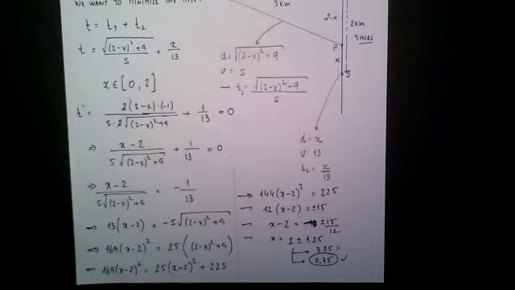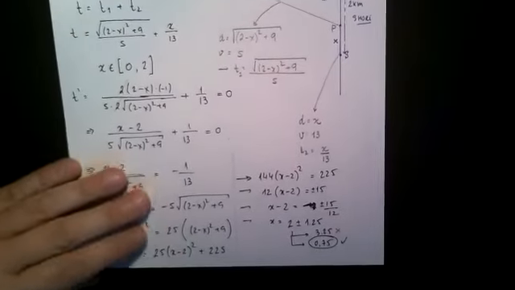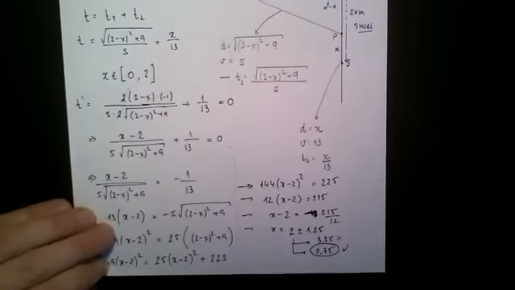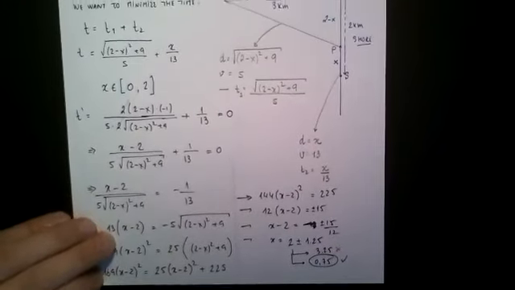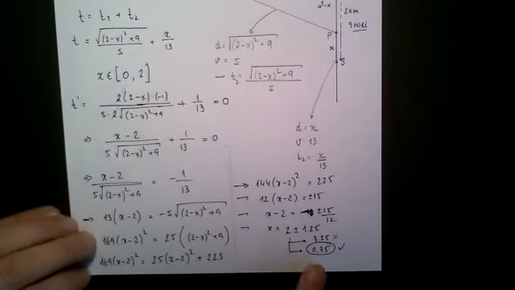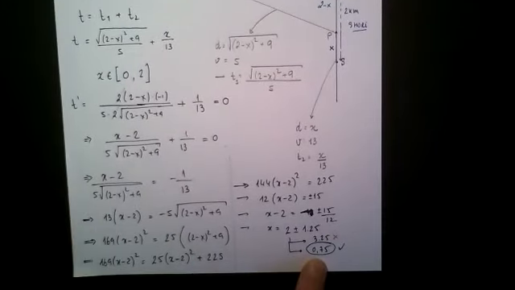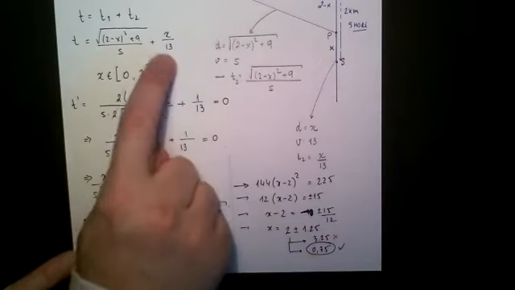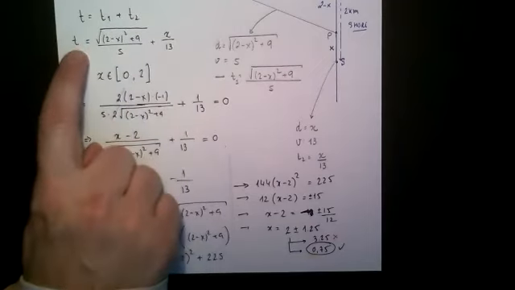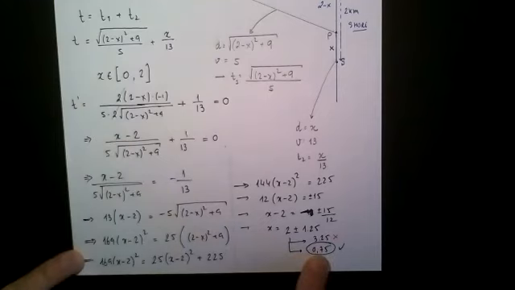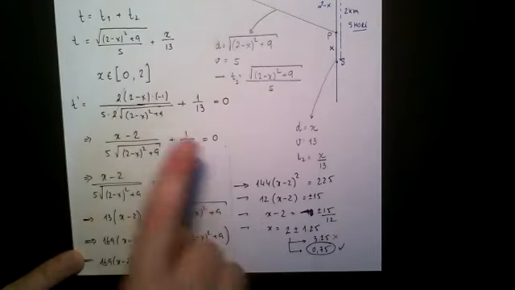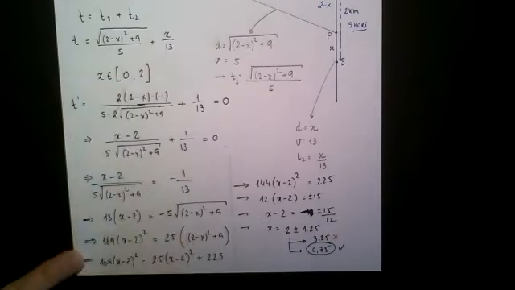Let me get some more paper. Okay, so I got 0.75. And so now I need to check the value of t at 0.75, at 0, and at 2. Right?